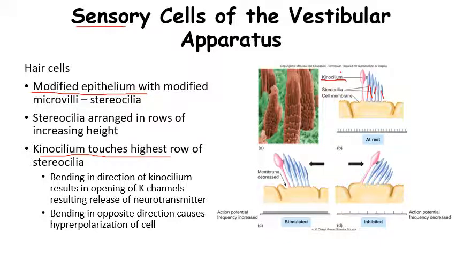Okay. You can see here, let's see what's happening to action potentials when we do get bending of these sensory cells. And you can kind of see this arrangement here. It's kind of cool seeing the smaller side here, and then the kinocilium up over on that end.